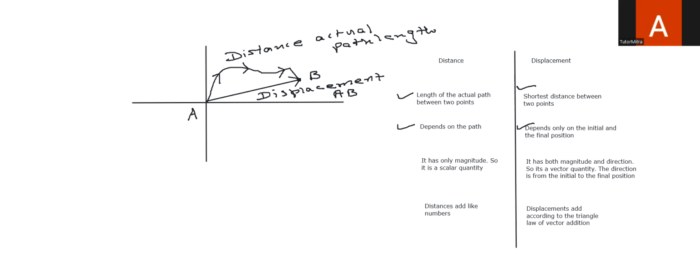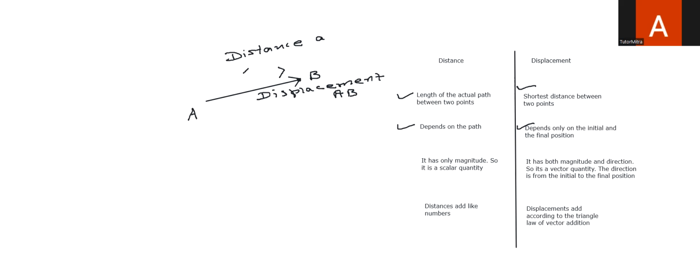Now distances add like numbers, obviously because they are scalar quantities, and displacements add according to the triangle law of vector addition, because obviously they are vector quantities. Now let us have a few examples to explain this distance and displacement.